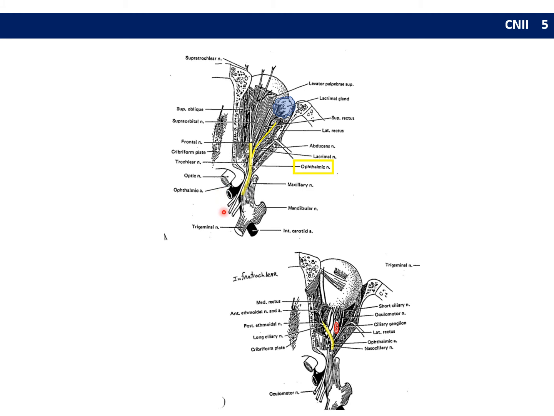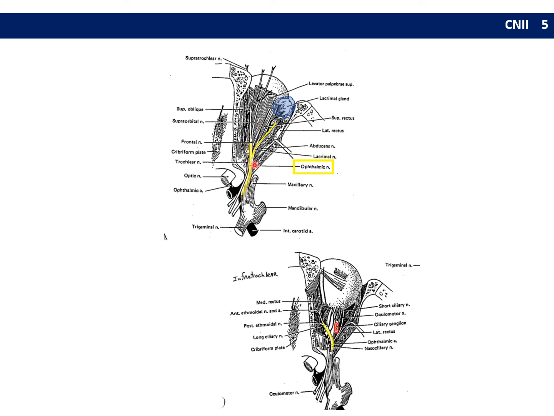So here is a superior approach. When you do your eye dissection, this actually looks a lot like what your eye dissection will look like, where you go in through the anterior cranial fossa, chip away at the orbit in order to reveal the musculature of the eye. Here is the ophthalmic nerve.